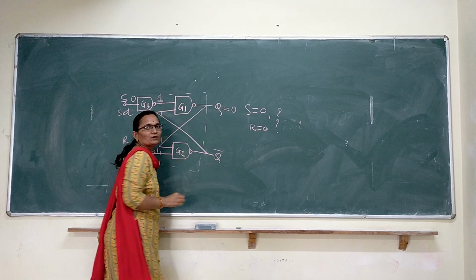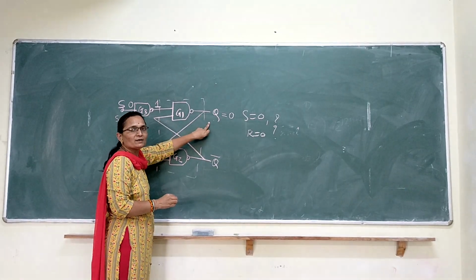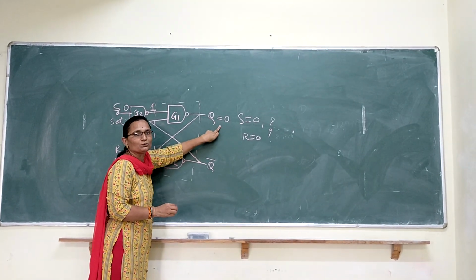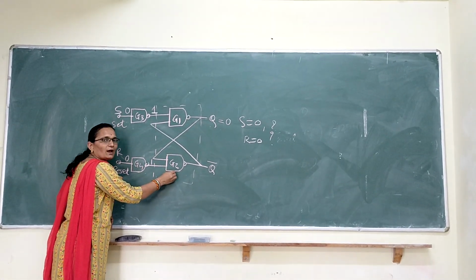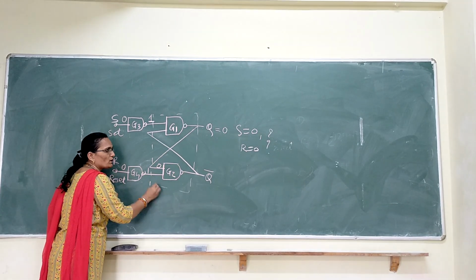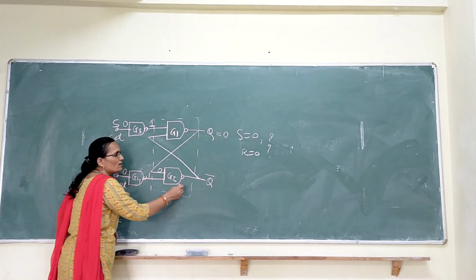Here we assume the output of this memory cell is 0. We initialize it, we consider Q is 0. The initial output is 0. That's why 0 is an input for this NAND gate, and we know the property of the NAND gate: if one of the inputs is 0, the output is 1.